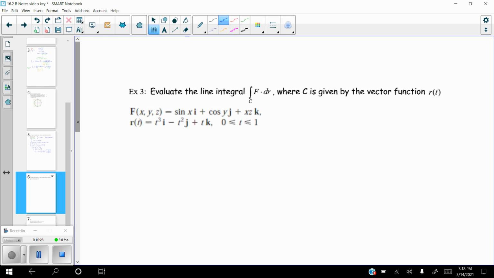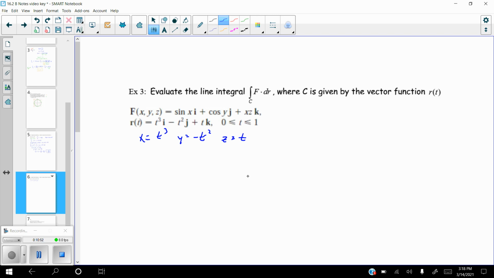So let's go ahead and define, it might be easier if you just stick with defining x first. So x is going to be t cubed, y is negative t squared, and z in this case is t. Again, that's coming directly from my r of t function. Okay, so that's where that's coming from.